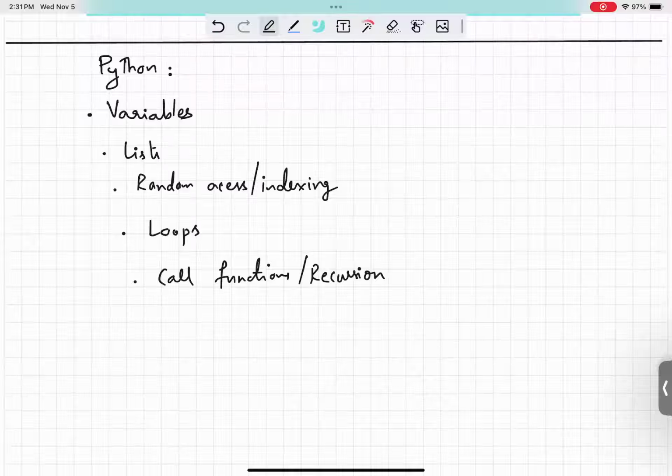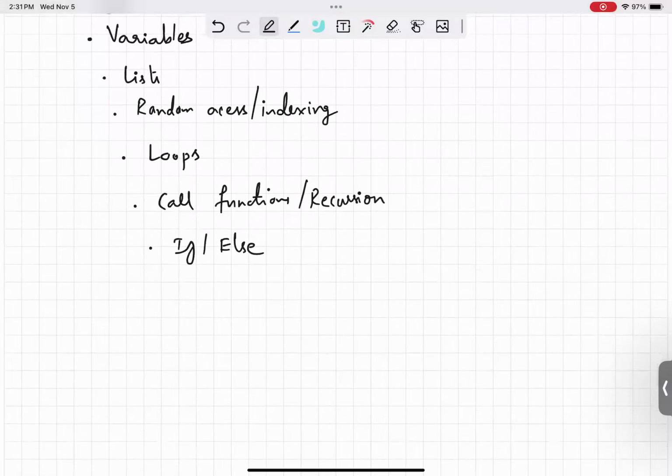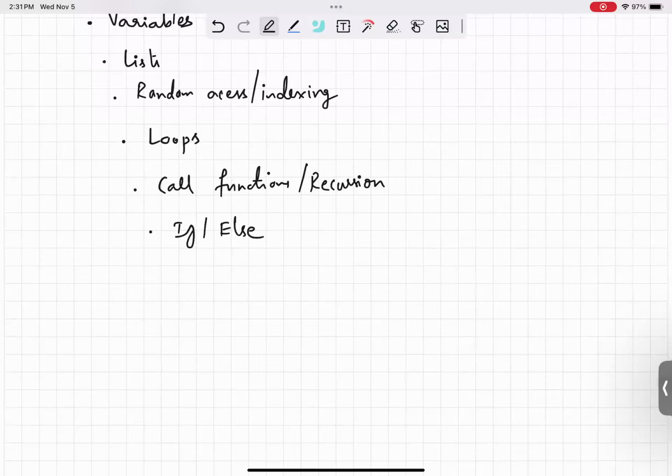Imagine computing various things without recursion. That would be so tedious. Or even more basic, like if-else conditioning. What else? I can also update many things in one go.